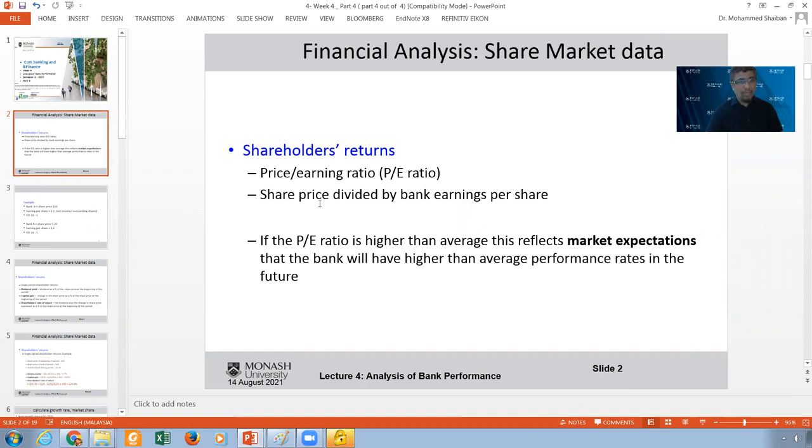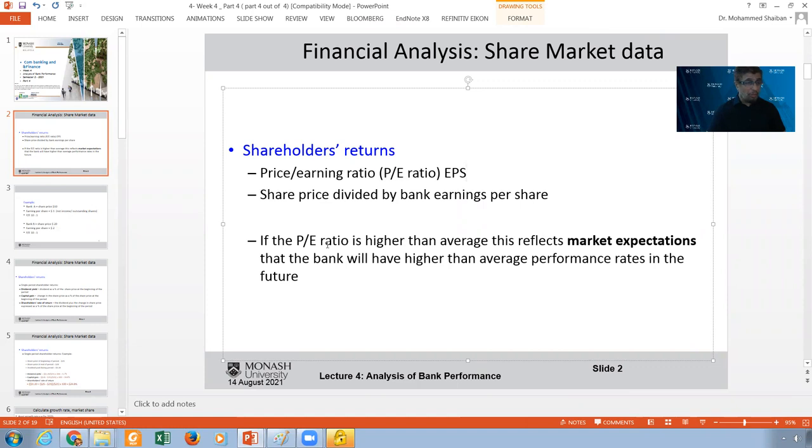Now, share price divided by bank earnings per share. So we know that the earning is actually the EPS, which is earning per share, the net income divided by the outstanding shares.